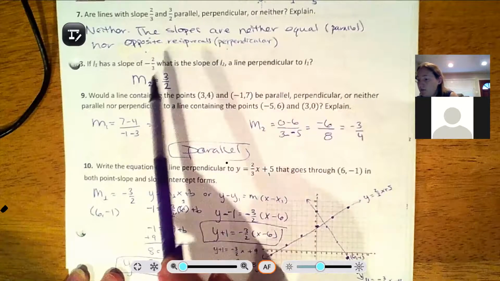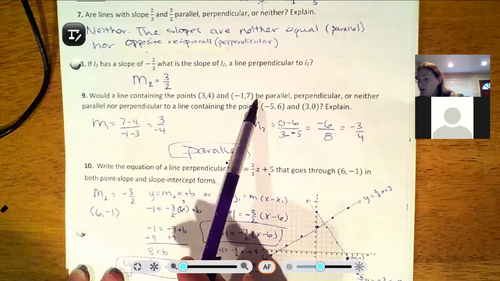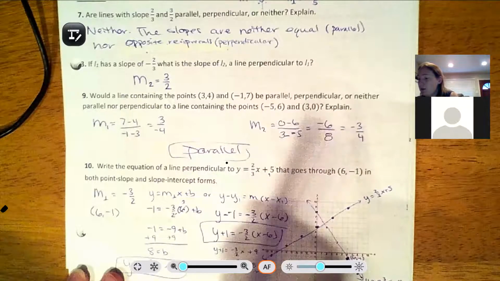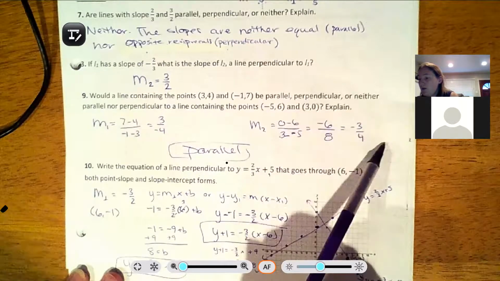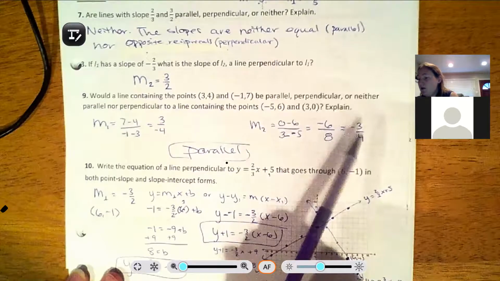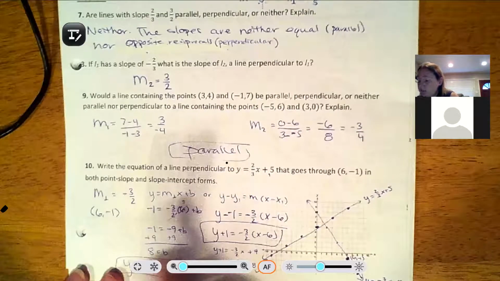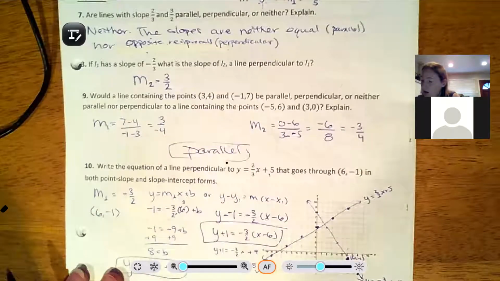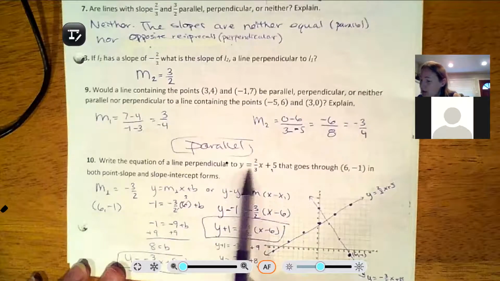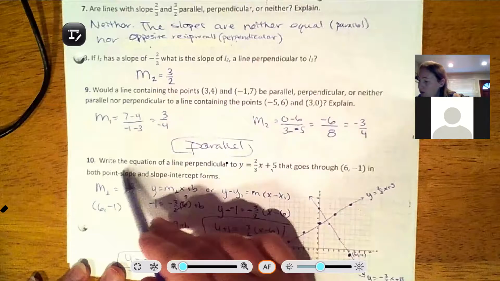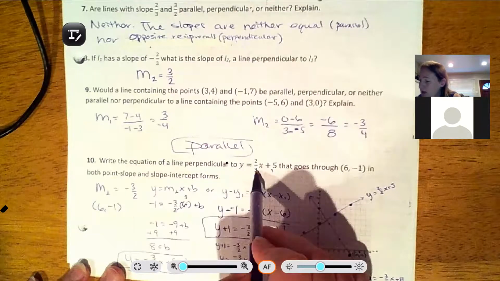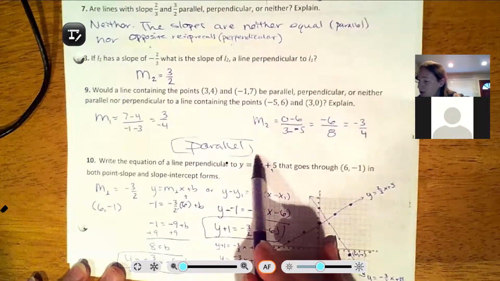So find the slope, and see if they are opposite reciprocals for perpendicular, see if they're the same for parallel, or if they're neither. In this case, they were the same, so parallel. So we're going to find the equation for a line perpendicular to this. We take the opposite reciprocal slope of this.